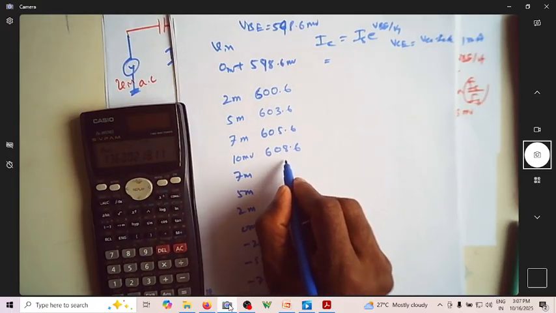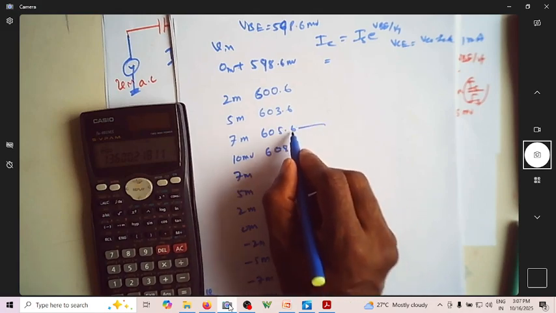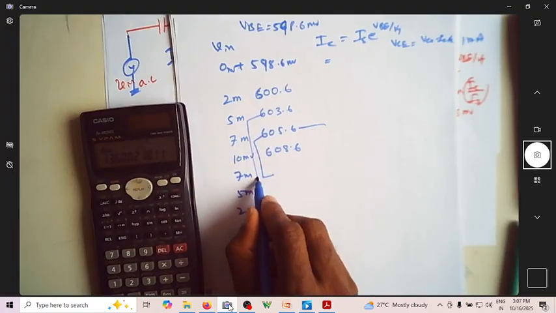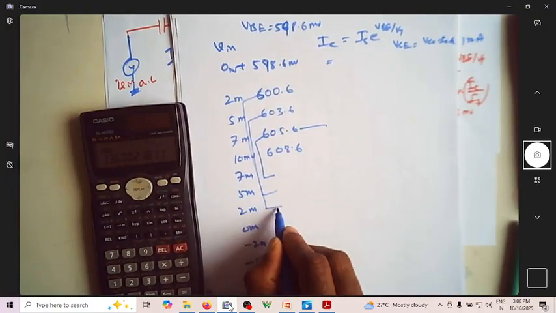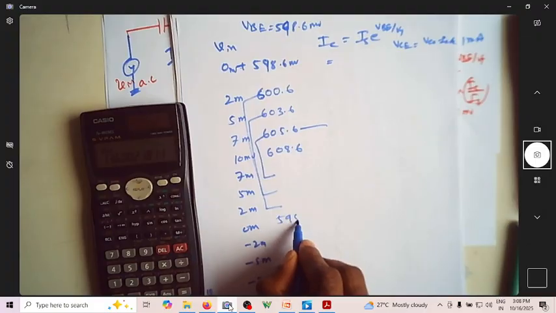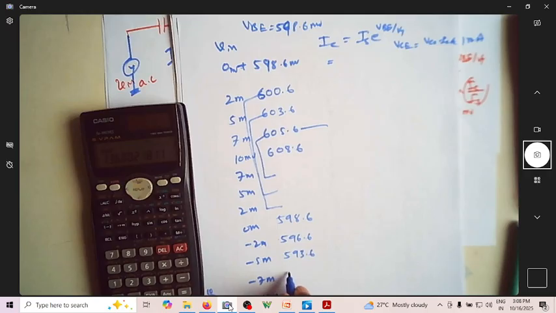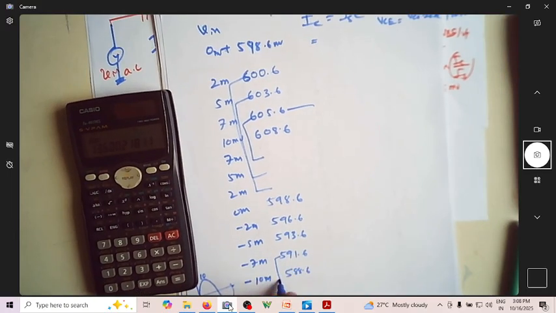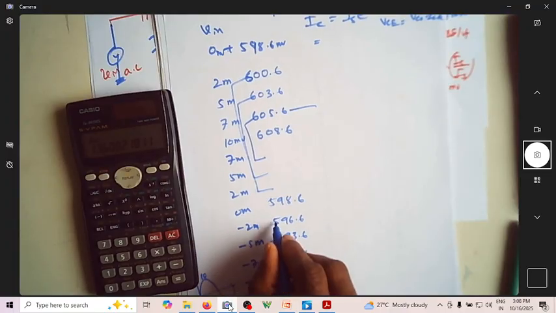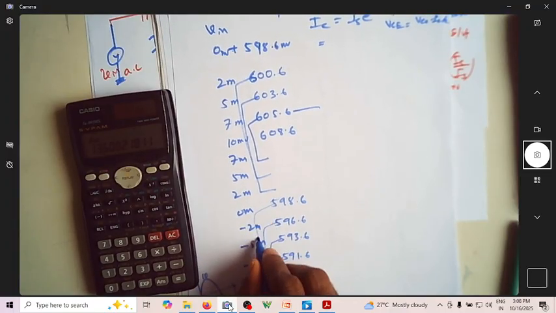These two are the same, and these two are the same, and then you have 598 again. Then here it is 596.6, 593.6, 591.6, 588.6. Then this repeats here, and this again repeats.